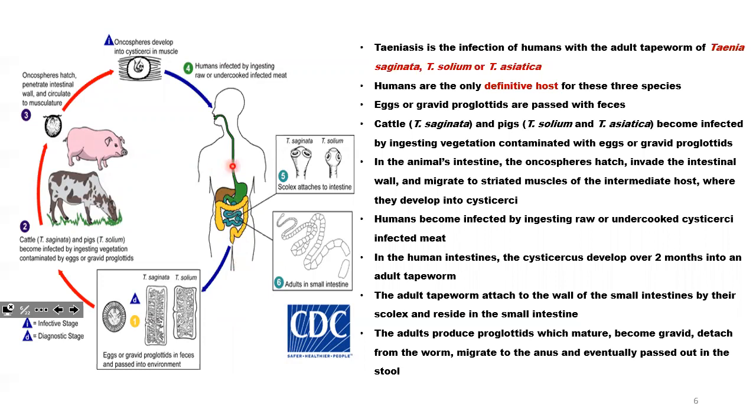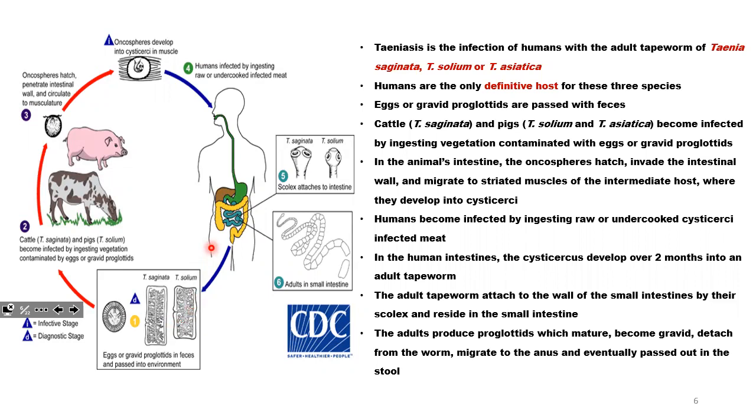An infected human being may shed either the eggs or the gravid proglottid in the stool. Now, these units that we refer to as proglottid, as they mature, they're sexually mature. Once mating takes place, because these organisms are hermaphrodites, they become packed full of eggs.